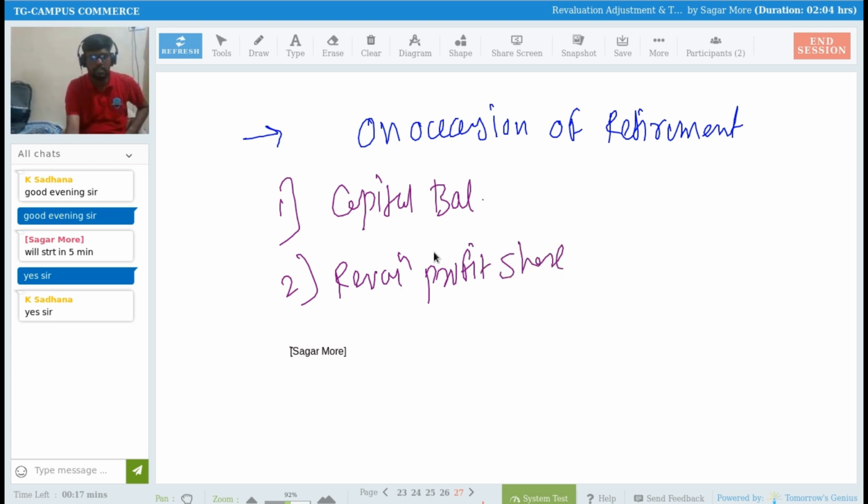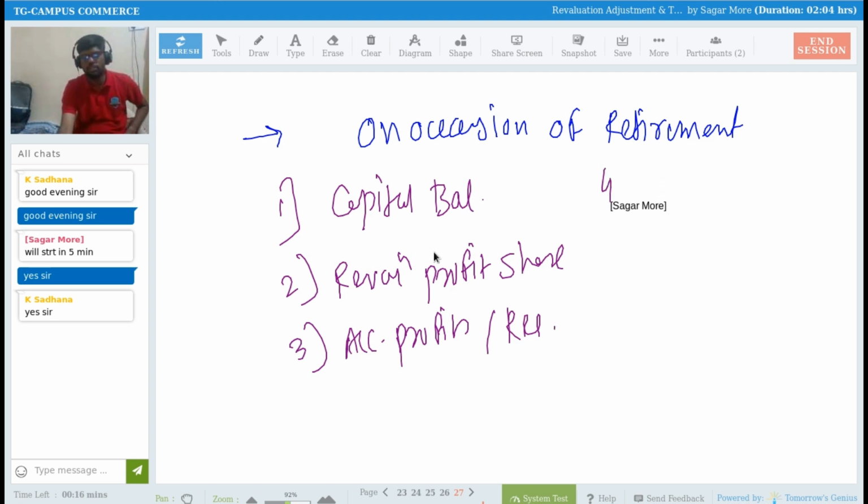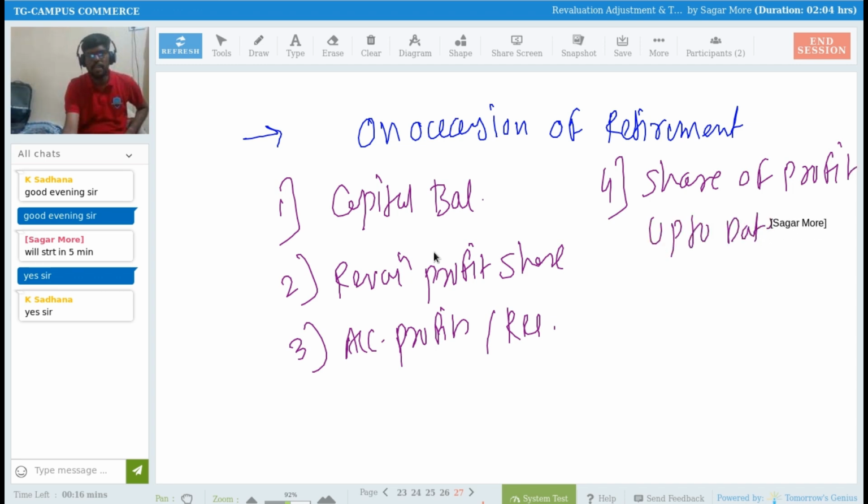Then, third thing, accumulated profits as well as reserves. Then the fourth thing is share of profit up to date of retirement. Right? These four things I need to pay him.